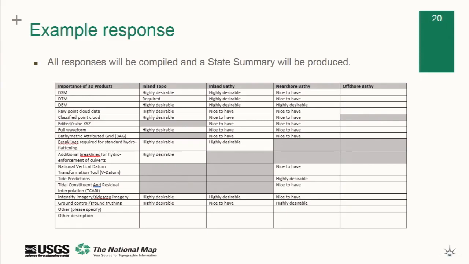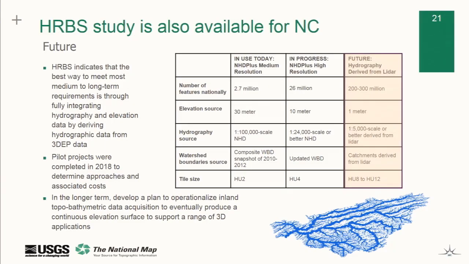The other component to this study is actually bathymetry, both near shore and lakes and rivers. That's another aspect that we hadn't really explored before, but it's of major interest to get into the NHD and into 3DEP. It would be great if every stream and every lake had bathymetry associated with it, but that may take a while.